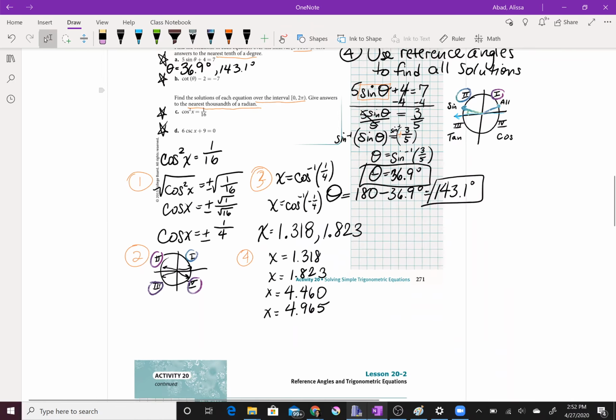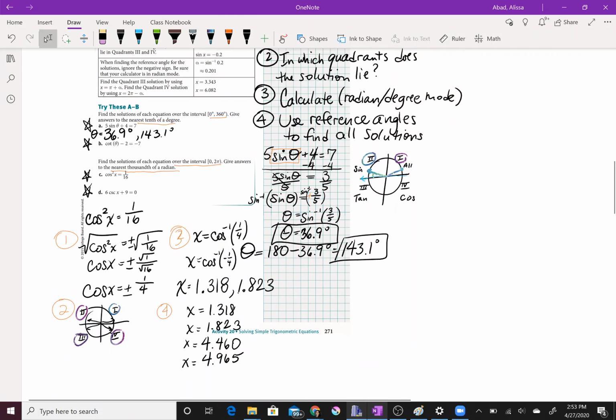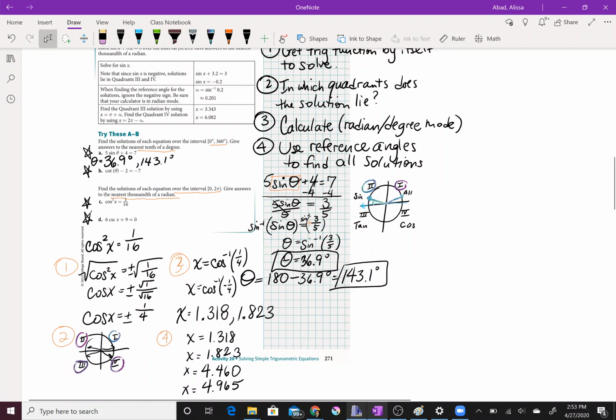Okay. So feel free to pause and see where you're at with solving these types of problems. I will go to the next part over here, but if you need to pause and take a break from it, feel free. I am going to continue on with part B and part D here.